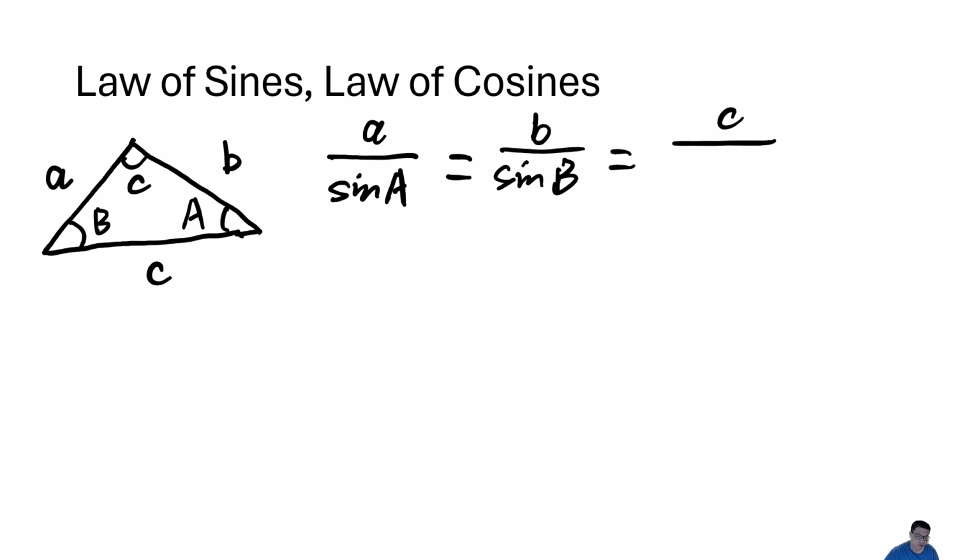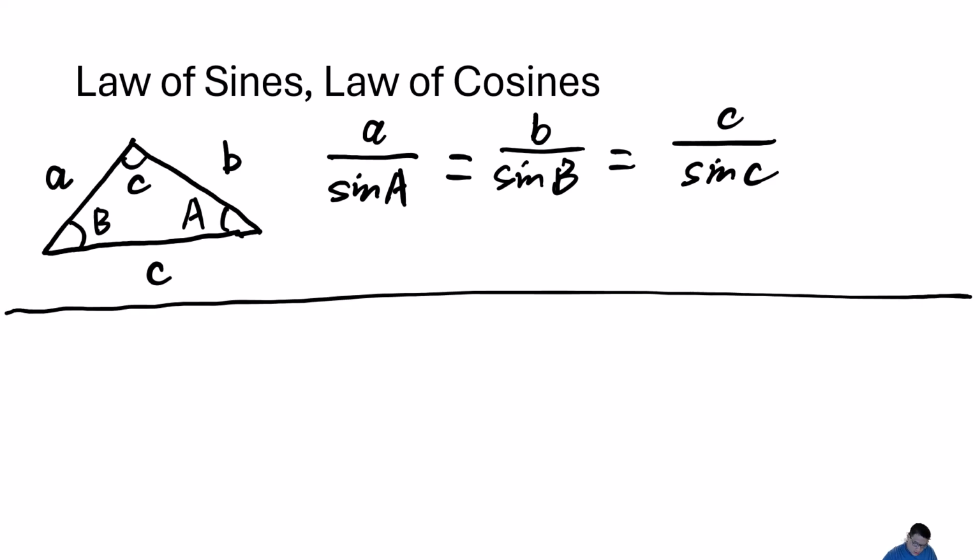You can also find these equations in your FE package. And what about the law of cosine? For the law of cosine, we have three equations. a squared equals b squared plus c squared minus 2bc times cosine A. So that's the first equation.